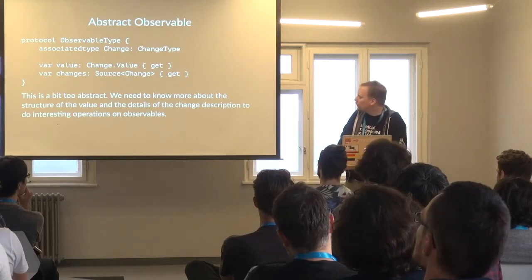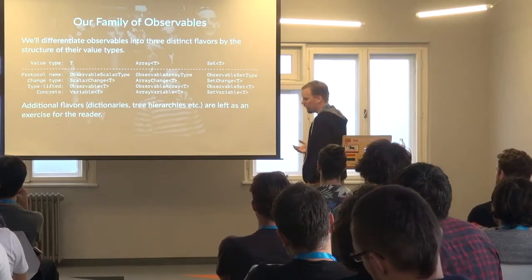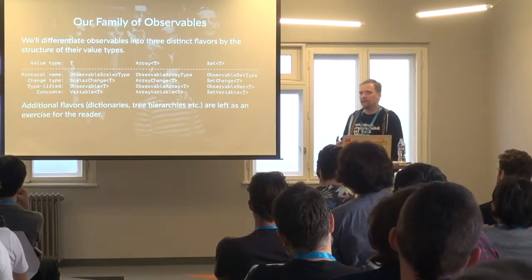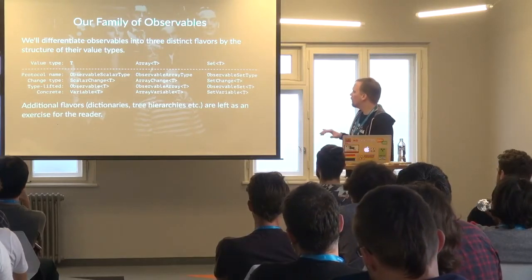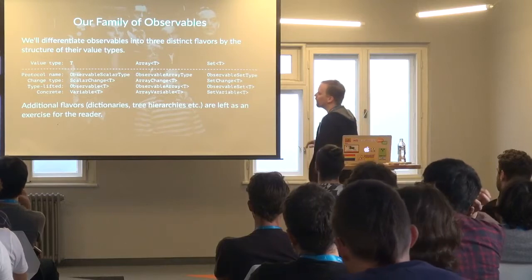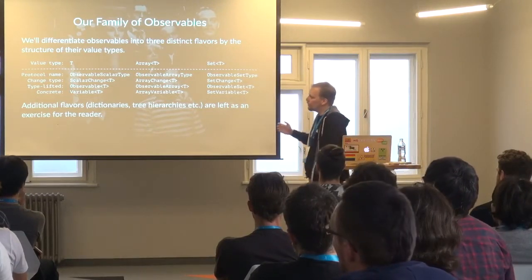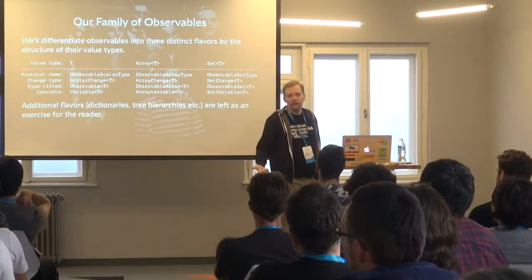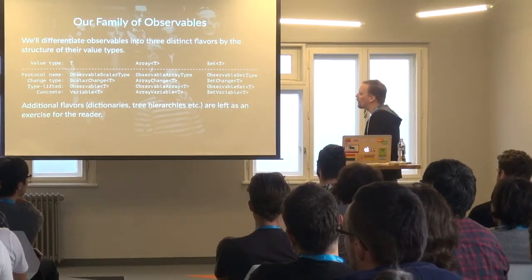It becomes more interesting if we know more about the change type, if we start differentiating these observables based on the structure of the value they are containing. So in my package, I have three flavors of observables right now. One is the simplest one, which is simply a scalar observable containing, say, an integer, a short string, double, boolean, something like that.